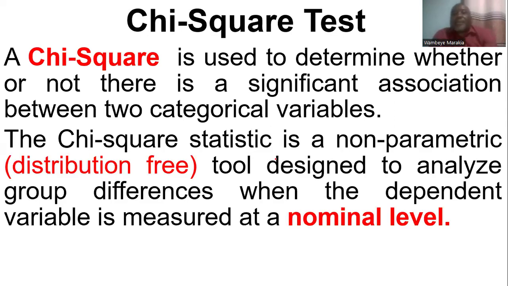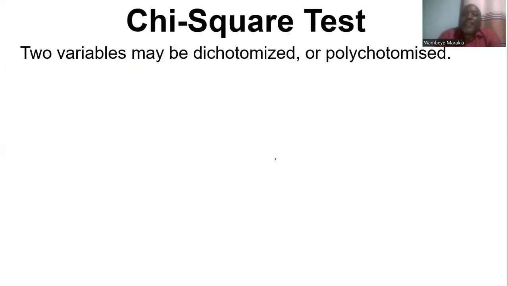The chi-square statistic, as I said, is a non-parametric, distribution-free tool designed to analyze group differences when the dependent variable is measured at a nominal level. The two variables we are dealing with may be dichotomized, meaning two, or they might be many, here I'm using the word polychotomized.